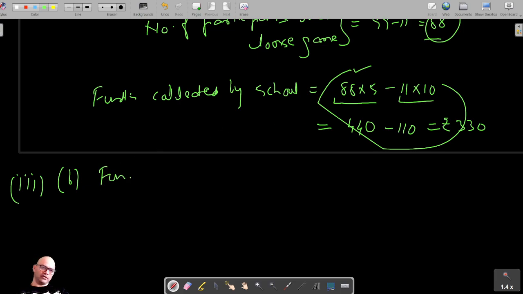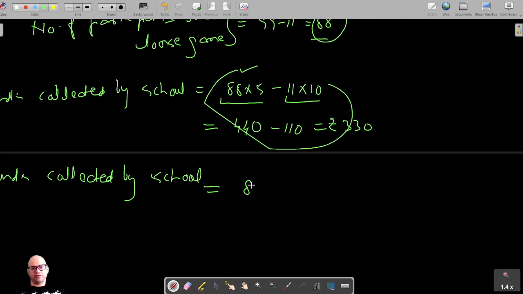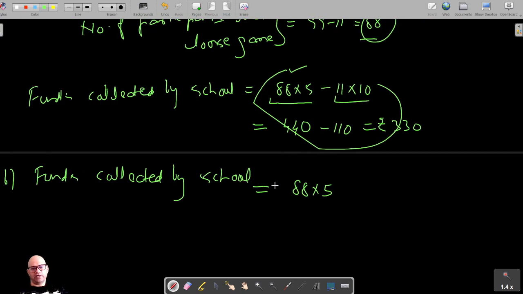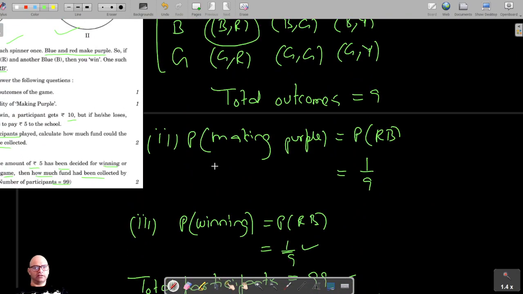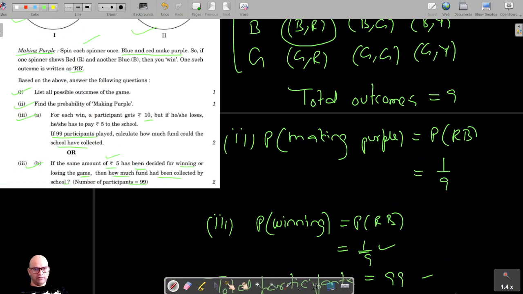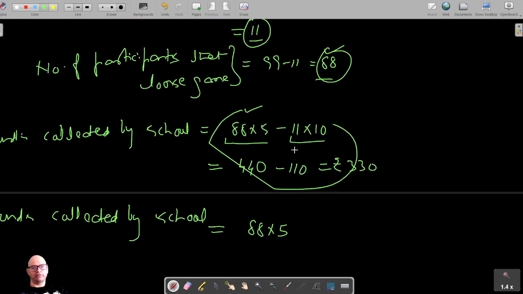So the funds collected by the school: it's given that the amount 5 is decided for winning or losing, so it's the same amount for both.